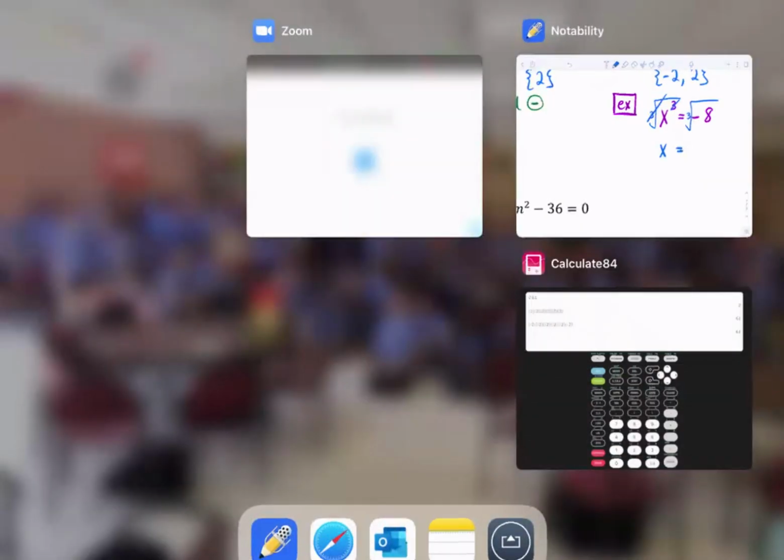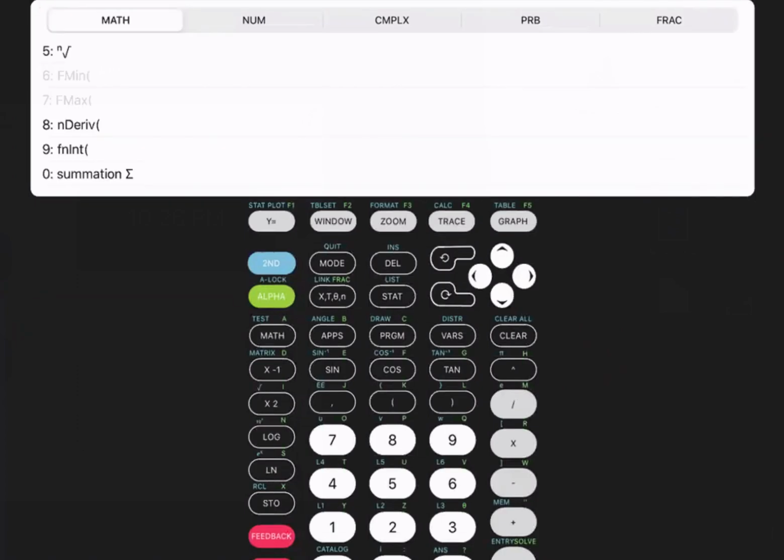So let's check the calculator. So math, and now for the cube root, I can just use the fourth one down, of negative 8. Let's try it. Oh, this gave me a weird answer, huh? Hold on.